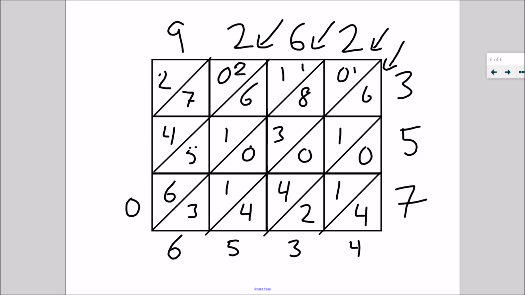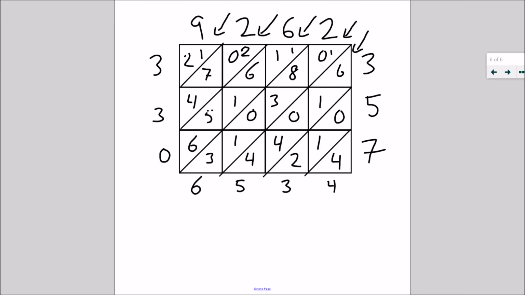2 plus 7 plus 4. Easy enough, that's 13. Carry my 1 over, and my millions place has a 2 already, and that carried 1, which makes a 3 in my millions place.